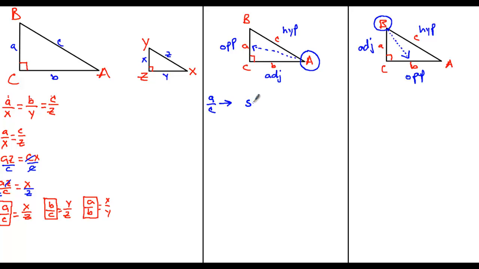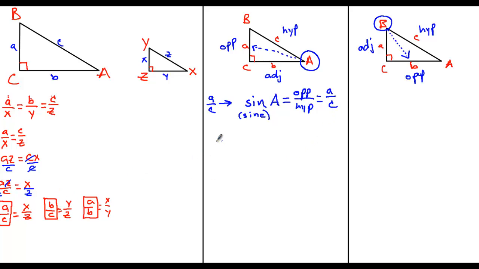The way we write it is like the word sin, but you say the word sine. And the sine of angle A equals the opposite side over the hypotenuse. And that just happens to be A over C.